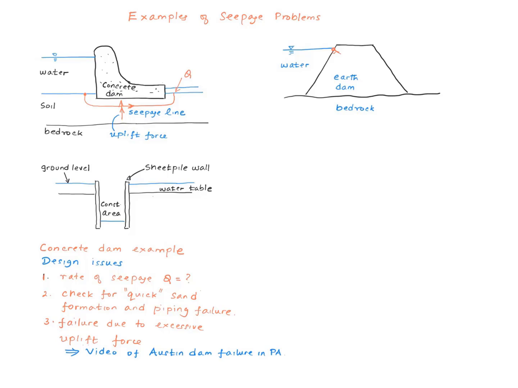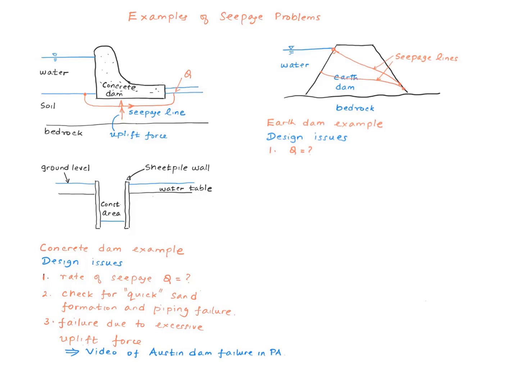And then it's going to be flowing like this to the downstream face of the dam. One that starts from over here is going to go like this. So these are two of the infinite number of seepage lines we have here.